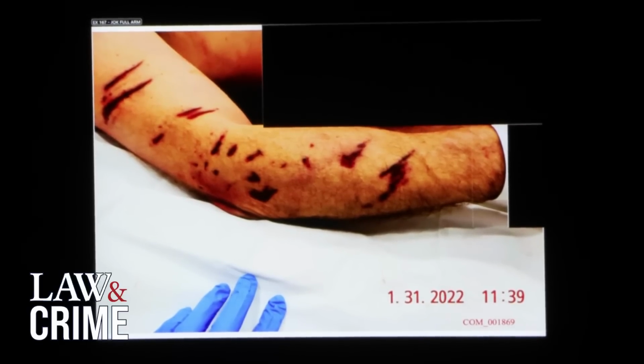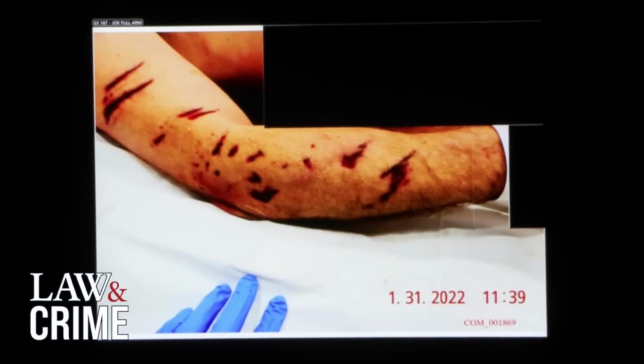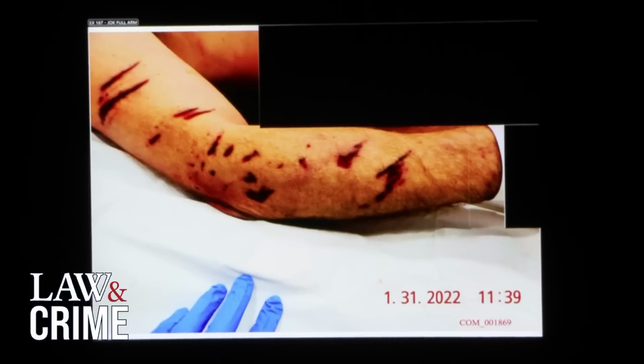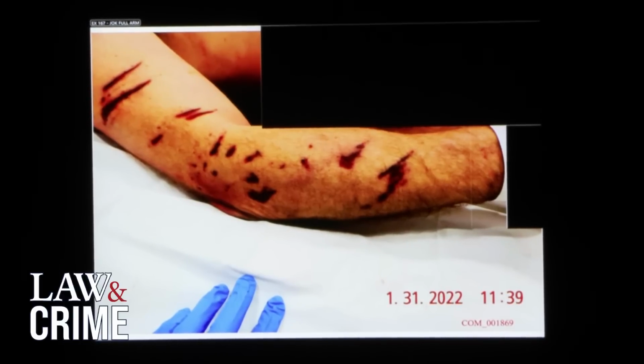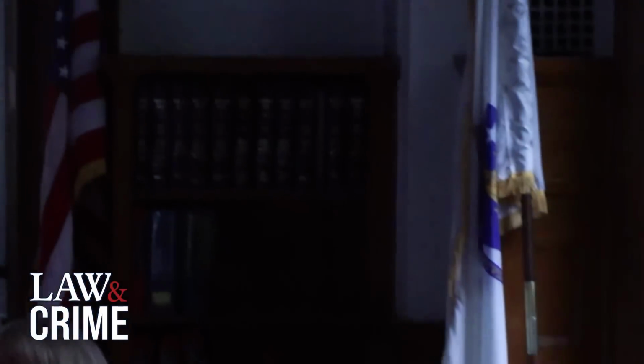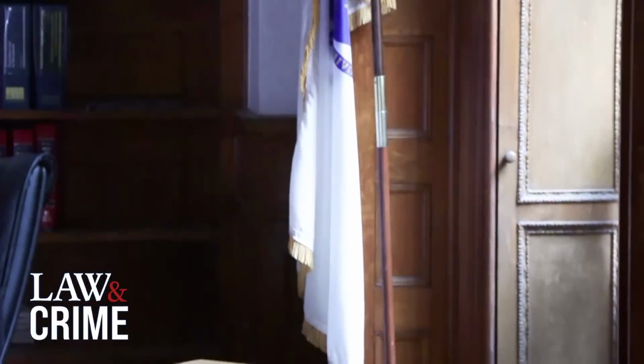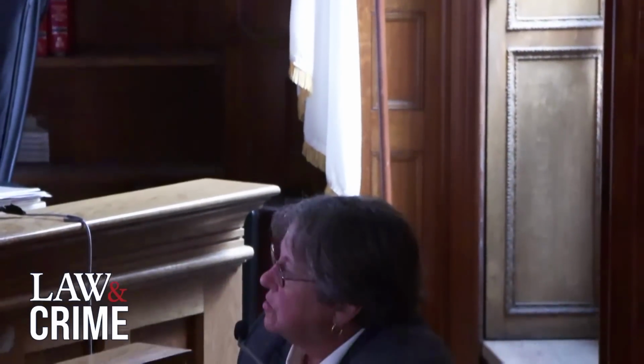Now, in terms of the next area, can you describe for the jury what method you used in forming your opinion without yet stating what your opinion is? Well, I used pattern recognition and differential diagnosis. So let's start with wound pattern recognition.